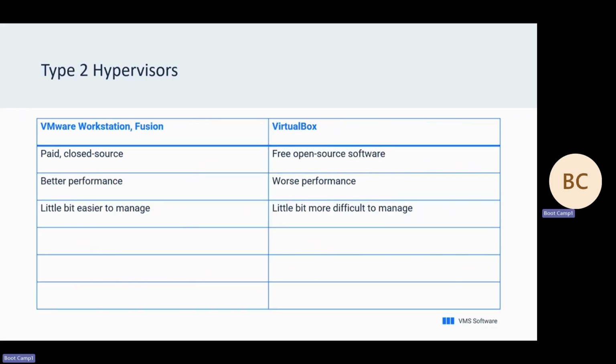When it comes to the type 2 hypervisors, the kind you run on your laptop or desktop system, again, VMware is paid and it's closed source. VirtualBox is free open source with a little exception. VirtualBox comes from Oracle, and if you just download the base VirtualBox package, you're running free open source software.